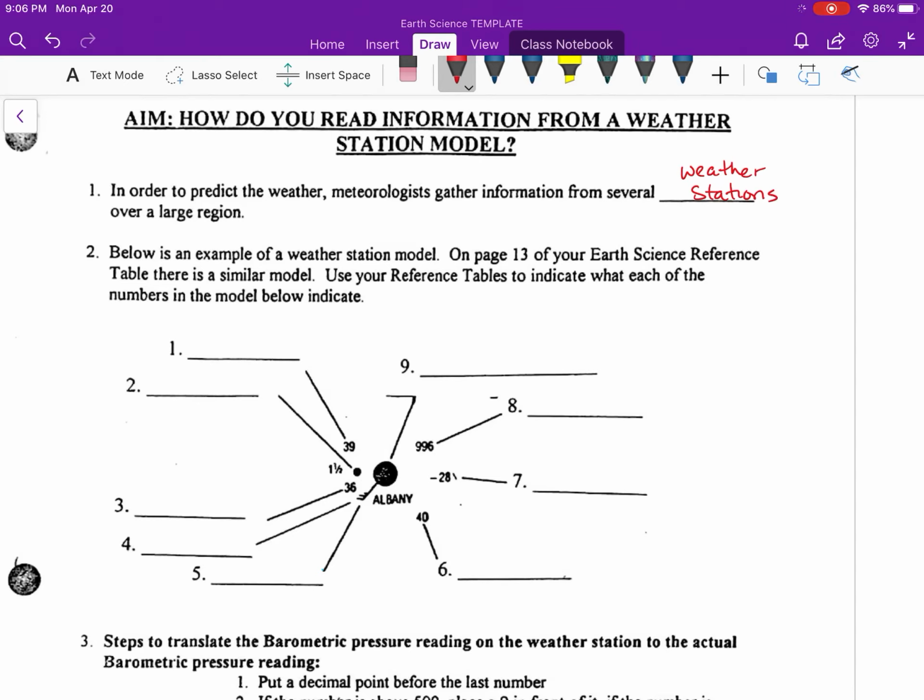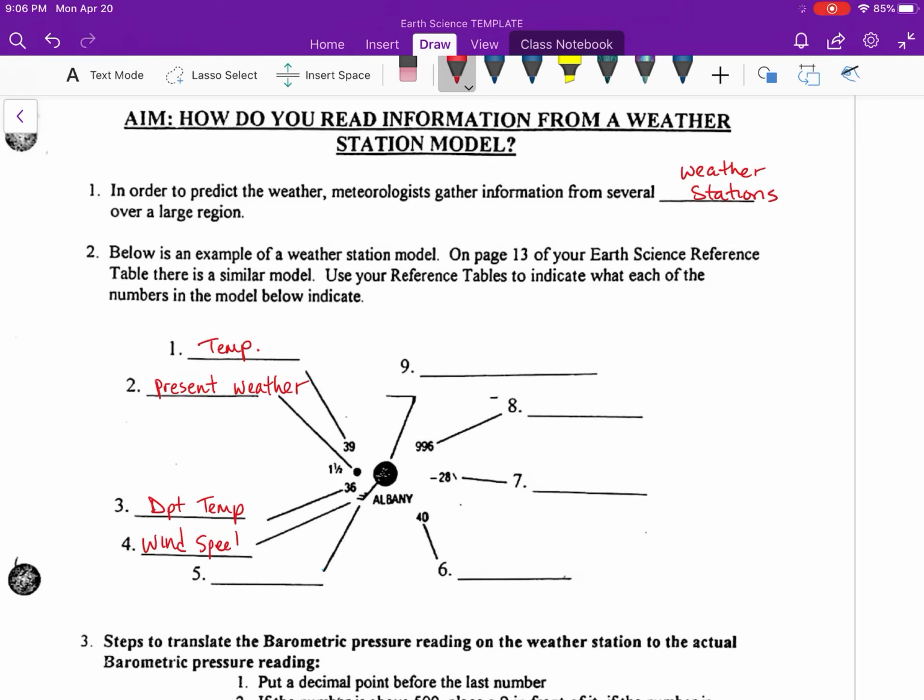All right, so what does all this stuff represent? Top left is always going to be the temperature. That symbol, number 2, that's going to be your present weather. Number 3, that 36 is the dew point temperature. 4, let's say 4 is pointing at the little flags, the feathers.